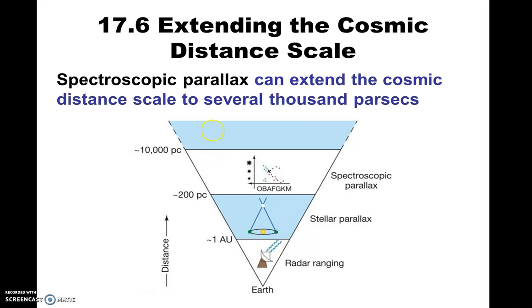I forget exactly when it was launched, but it certainly hasn't measured all the stars within 10,000 parsecs. So the general way to measure stars between 200 parsecs and 10,000 parsecs is using spectroscopic parallax, which again has nothing to do with parallax. And going beyond that, we'll use what are called Cepheid variables, variable stars, basically. We'll get to that later.